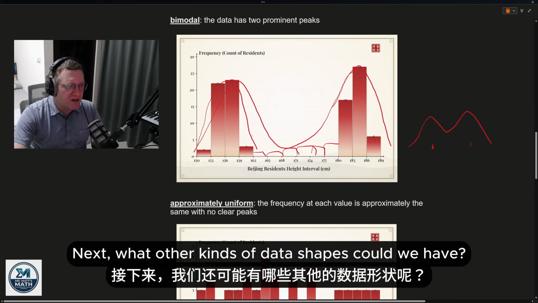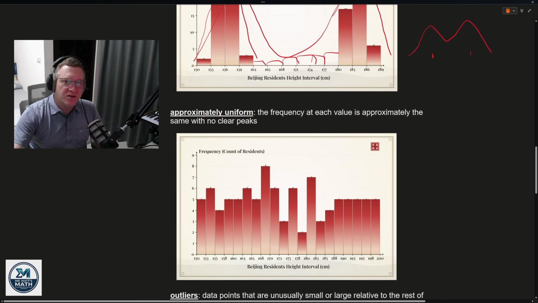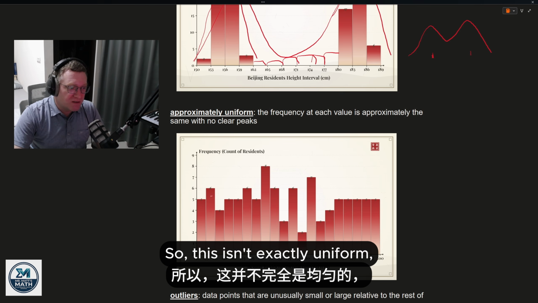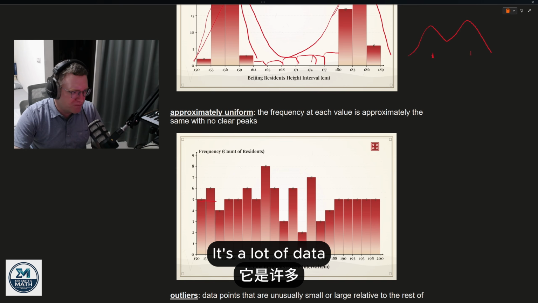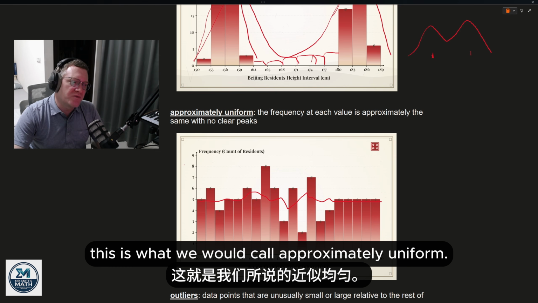Next, what other kinds of data shapes could we have? Well, we could have approximately uniform data. Uniform means it's all the same. So this isn't exactly uniform, but there's not a clear peak and there's not a clear valley. It's a lot of data that's all very close to being the same. So this is what we would call approximately uniform.